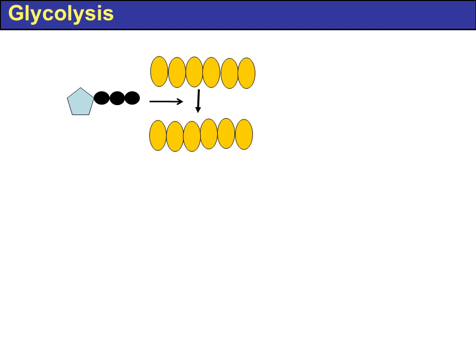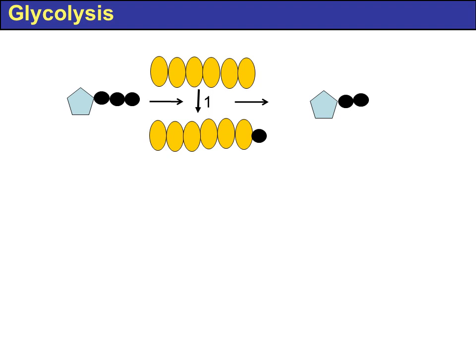This next slide shows the product of step 1. This completes the product of step 1. So glucose is converted into glucose 6-phosphate.